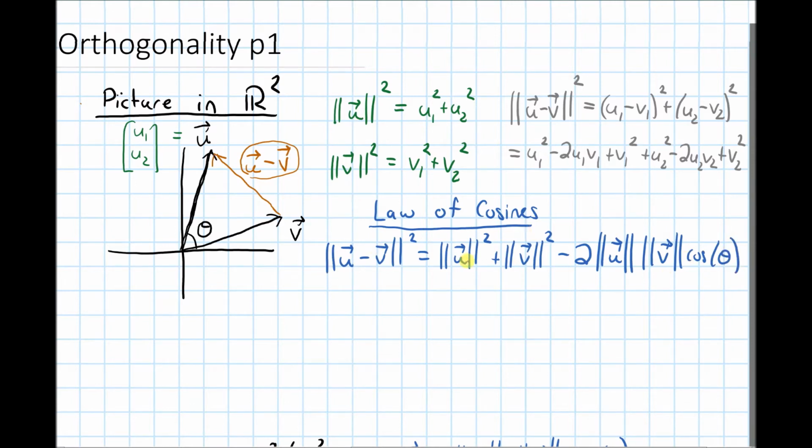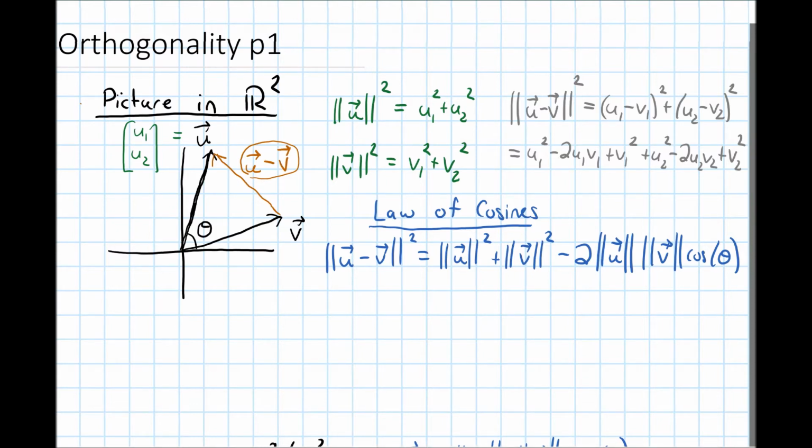If you don't remember the law of cosines, that's totally fine. I'm talking about it here to motivate a key geometric result about the inner product. So don't stress too much if you don't remember this or haven't seen it before.